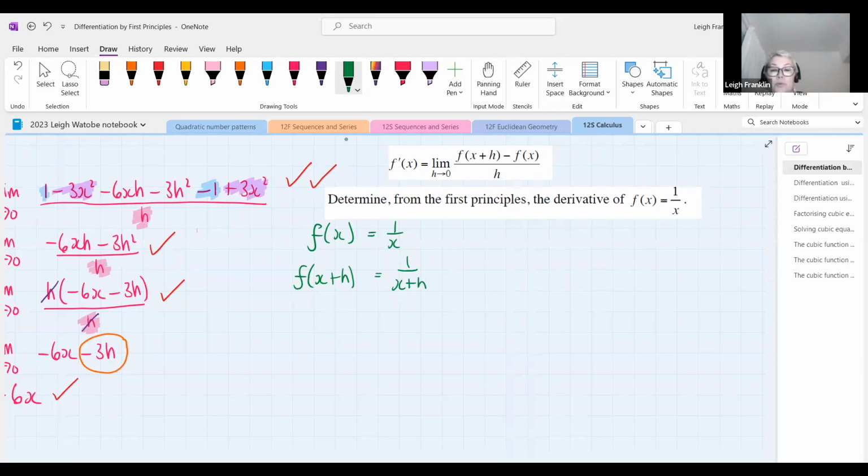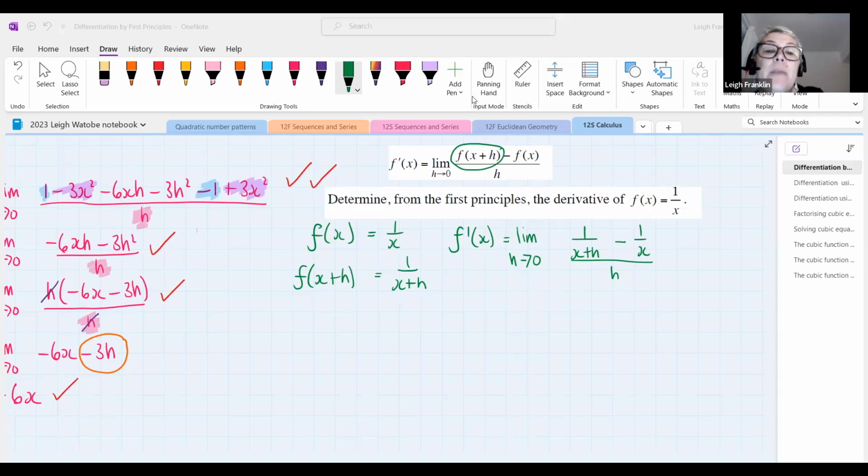Subbing into first principles, this is what we would end up with. We would get f prime x equals our limit as h tends to 0 of f of x plus h, so f of x plus h over here is 1 over x plus h, minus 1 over x, all over h.